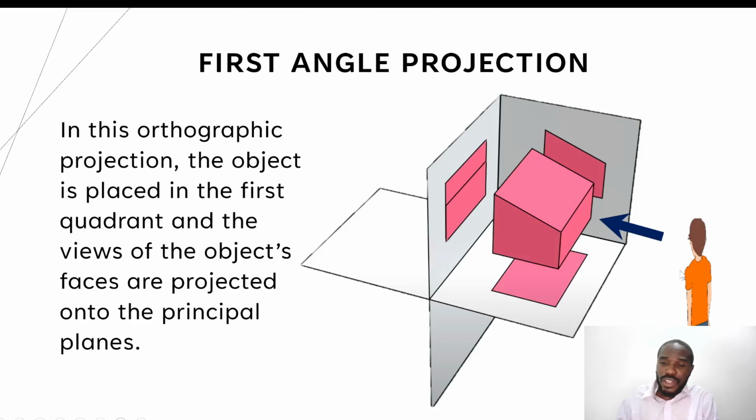Now, if this young man should move from this point to this edge and view this image, that profile will need to be projected onto that plane. Now, if we open this plane up, it's going to appear on the right side of the drawing, even though it is a representation of the left side of the object.